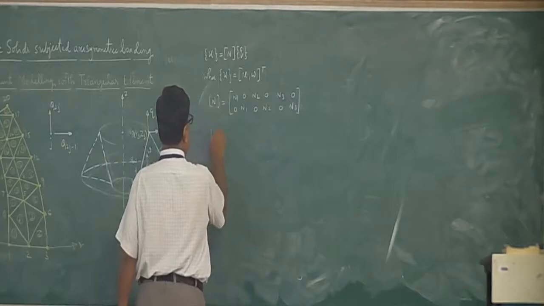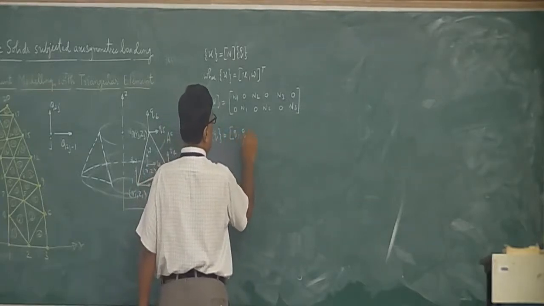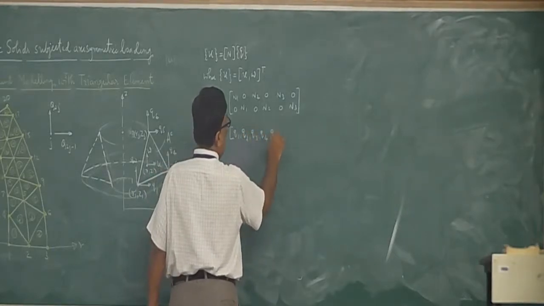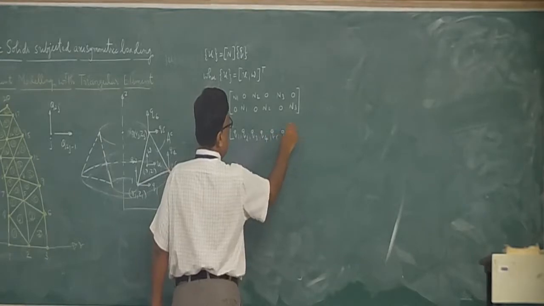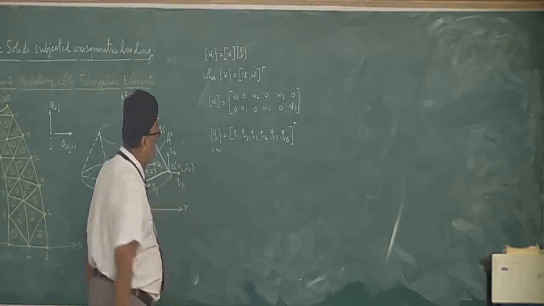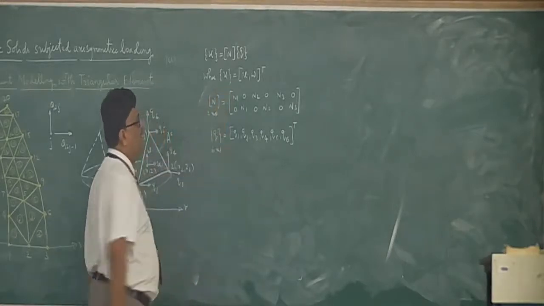And the nodal displacement at the element level consists of 6 degrees of freedom, that is Q1, Q2, Q3, Q4, Q5 and Q6. Let us write it as a transpose because it is going to be a 6 by 1 matrix. So N is going to be 2 by 6, and u is going to be 2 by 1.